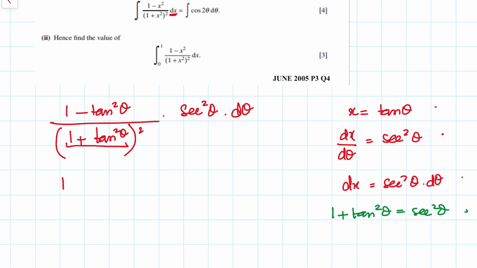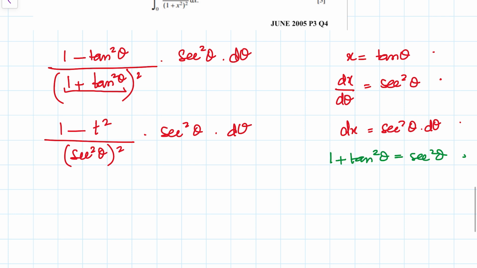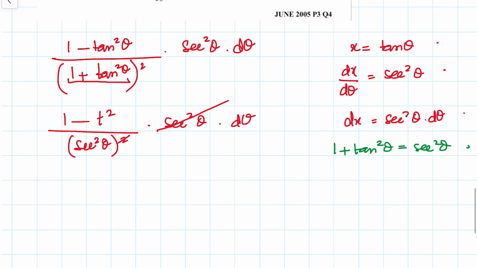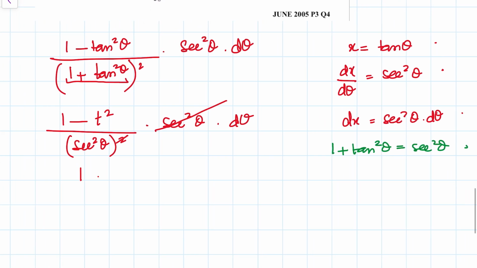So this becomes 1 minus tan square theta over sec square theta, the whole square, dot sec square theta dot d theta. This cancels out with the square. Now, 1 minus tan square theta upon sec square theta. I'm writing it individually so that I can solve it.